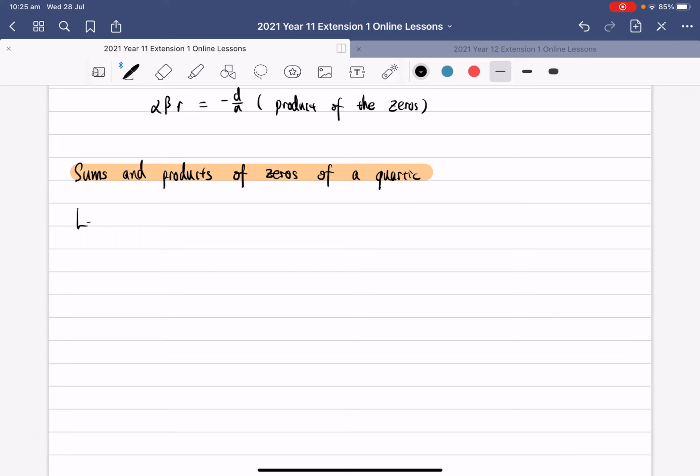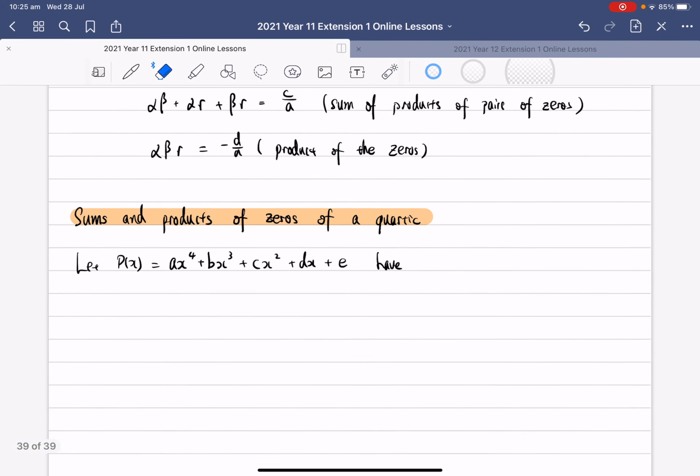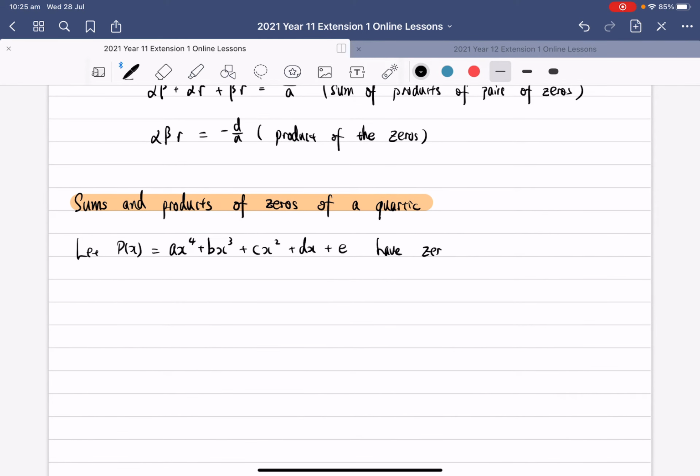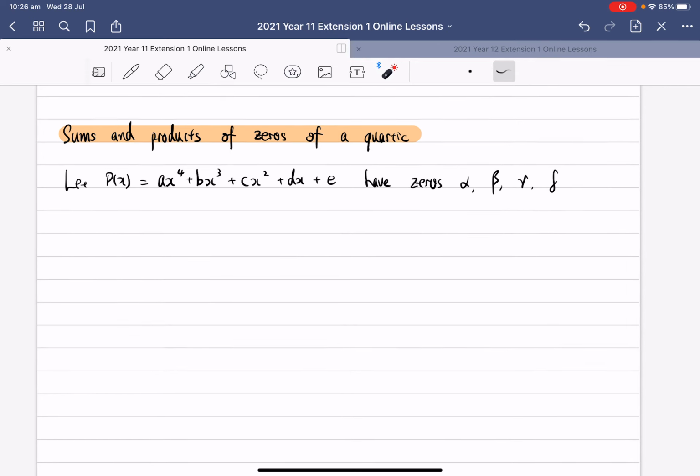So if we have P of x is equal to ax to the power 4 plus bx to the power 3 plus cx to the power 2 plus dx plus e, and have zeros alpha, beta, gamma, and delta. Okay, so in our case here we've got 4 roots, as you can see here, 1, 2, 3, 4, because the highest power is equal to 4. So obviously the maximum number of solutions is 4.